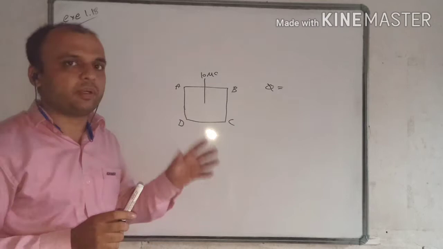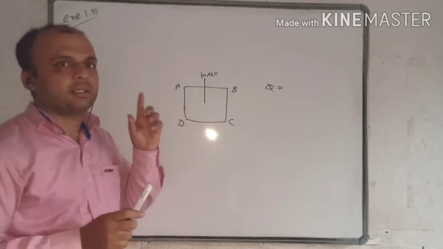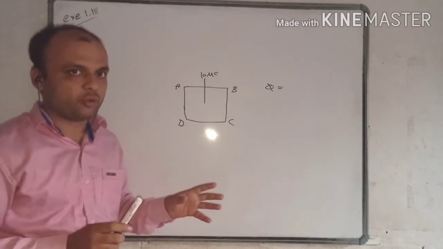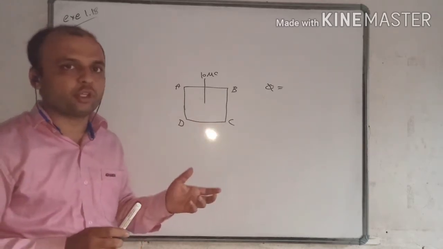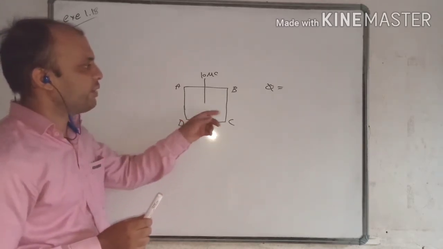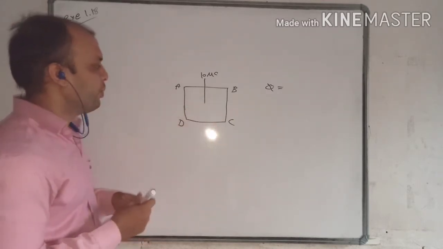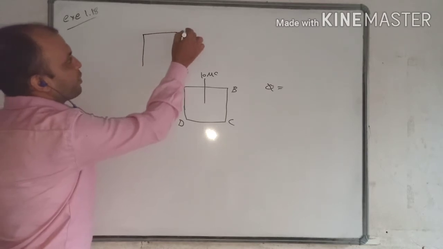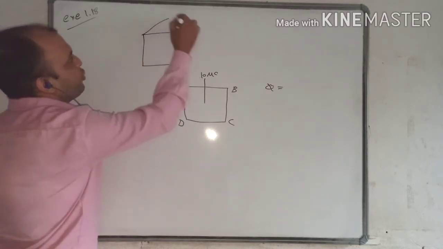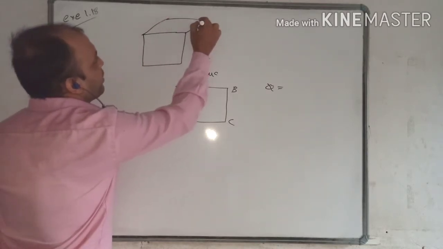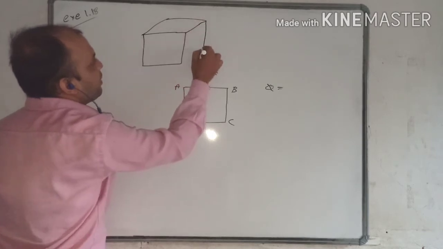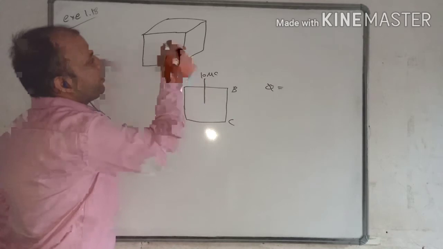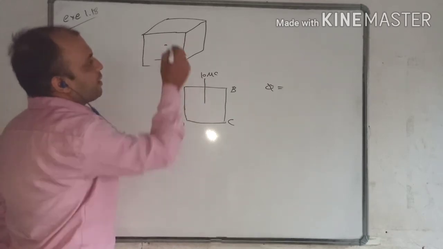Now we can find the flux by charge in a closed body. A square is not a closed body, so here we have to consider one cube. So the 10 microcoulomb charge is in the center of this cube.